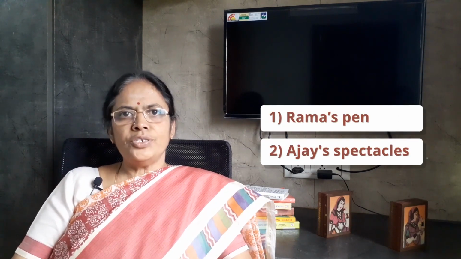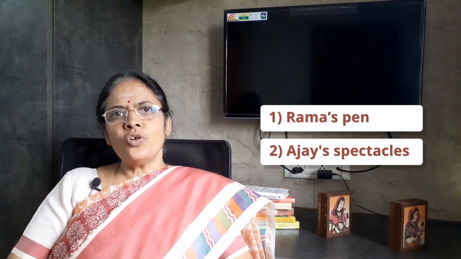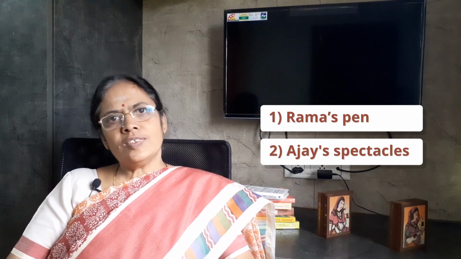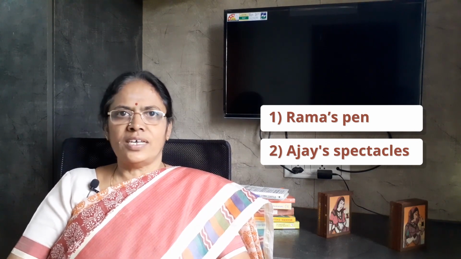This apostrophe s can be used in different ways and it conveys different meanings or information. So let's see what are they. Number 1. Apostrophe s is used after the nouns. For example, Rama's pen and Ajay's spectacles. The apostrophe s is used after the singular nouns.